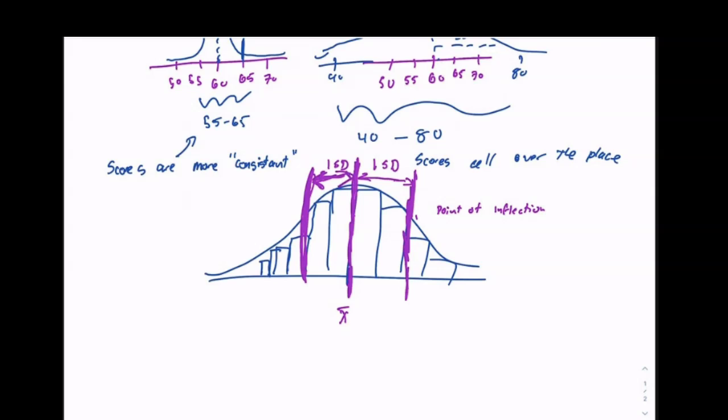All right, so a standard deviation is not all of the data. It's kind of where, when I kept asking those questions, where is most of my data? And we said, oh, most of my data was between 40 and 80. Well, that covers a standard deviation below and a standard deviation above. I would expect the majority of my data, most of my data, to be between about one standard deviation less than my mean and one standard deviation above my mean.